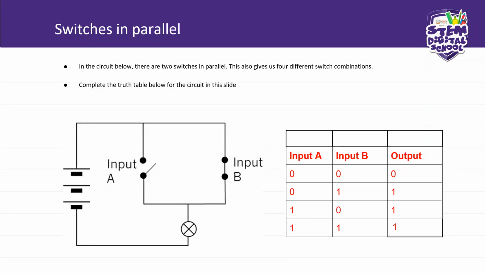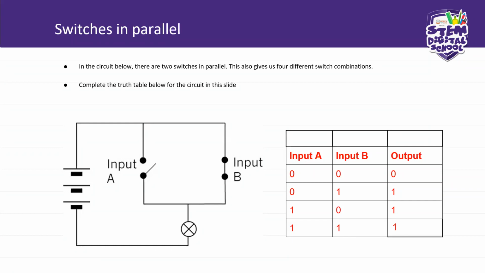Okay? I will explain to you why. Input A is closed. Input B is open. We still have an output on the lamp. The lamp will shine. Okay? And when both the switches are closed, the lamp will shine. Why is that?